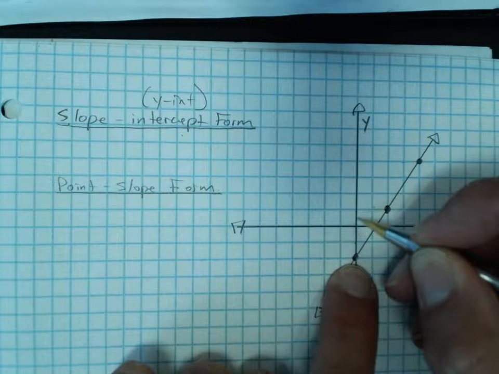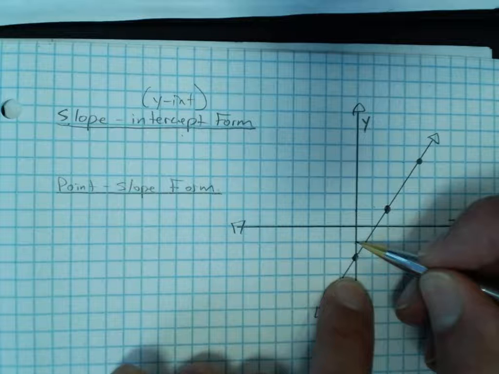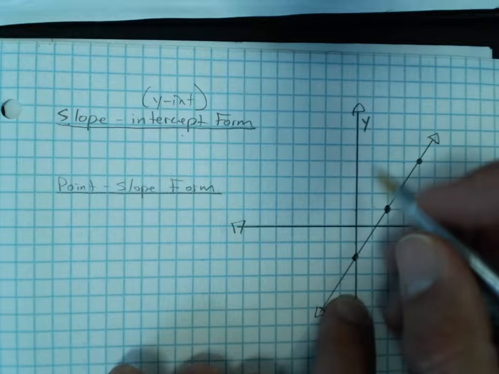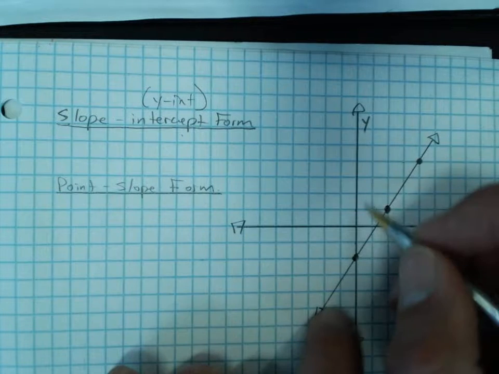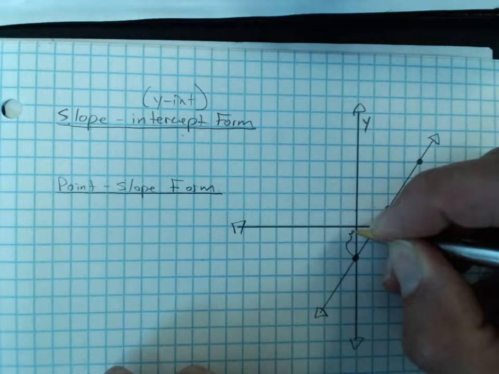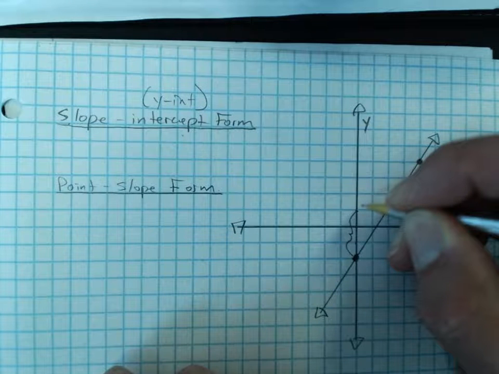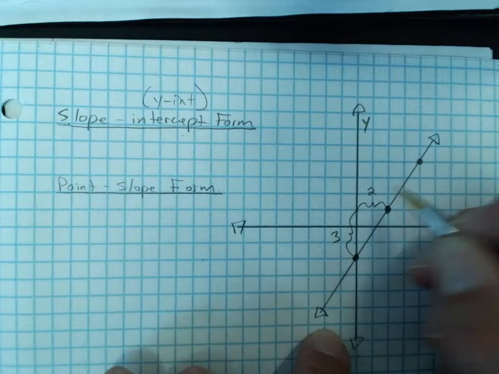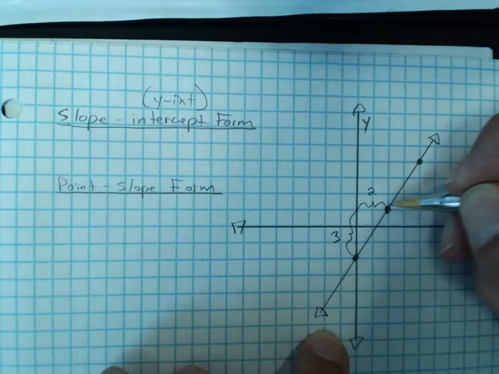So I count up 1, 2, 3, and then I go over 1, 2. So that's up 3, over 2. And if I go to the next point from here, again, it's going to be up 3, over 2.